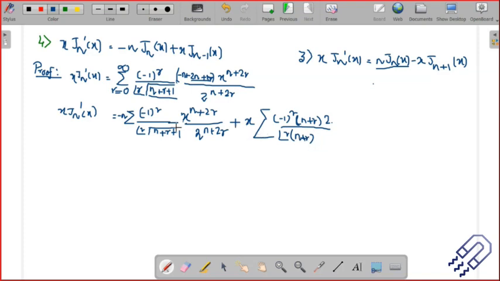Sir, n plus r into gamma n plus r. Yes, correct. Okay. That's it. Okay, this is gamma n plus r plus 1. Sir, this is n plus r gamma n plus r. There should not be a plus there, correct?